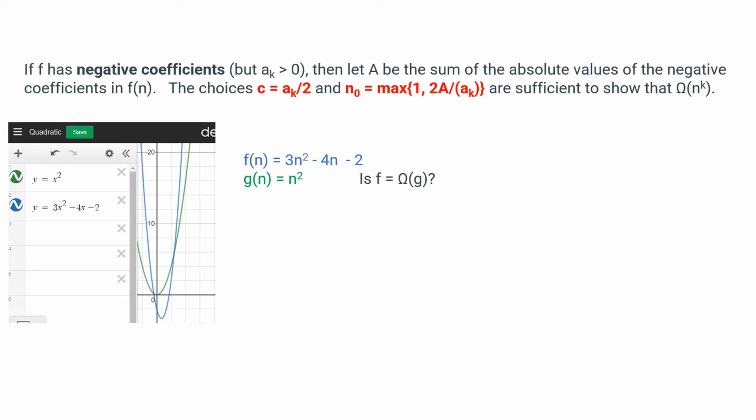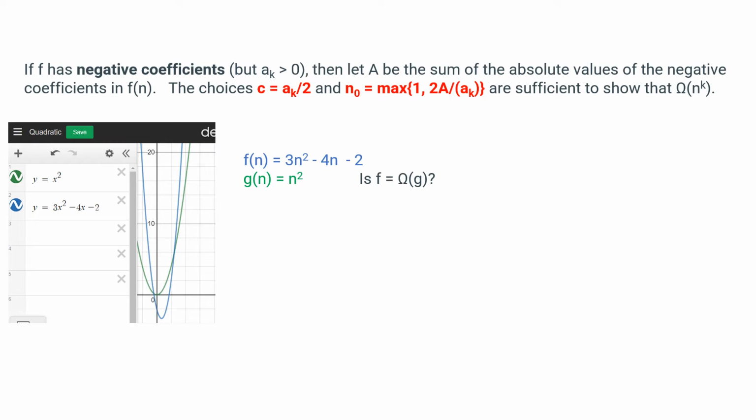As you can see here, the choice for C would be that leading coefficient divided by 2. That's again if we have these negative coefficients there. So we're going to take that leading coefficient, divide it by 2, and then n naught's not going to be just 1 all the time, which it always has been with these polynomial functions.